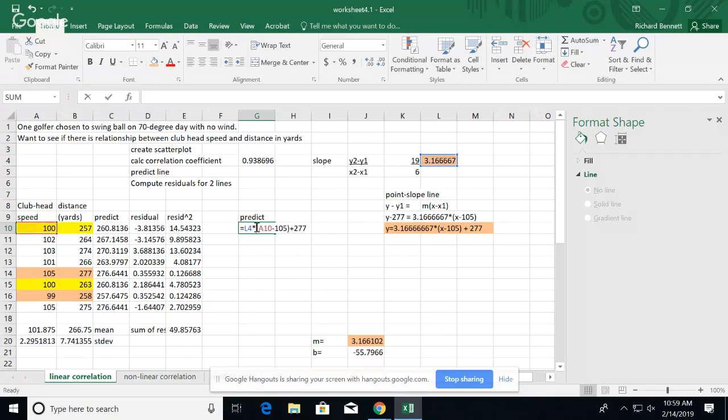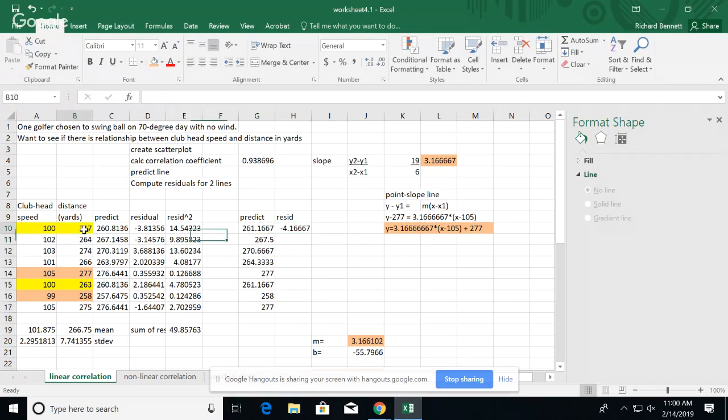Now what we're going to do is we're going to find the residual. So in this case, I'm going to use F for that. That's all I need. Okay? We're going to copy this down. Okay? Now we're going to find the residual. So we're going to take the actual 257 minus 261. Okay?